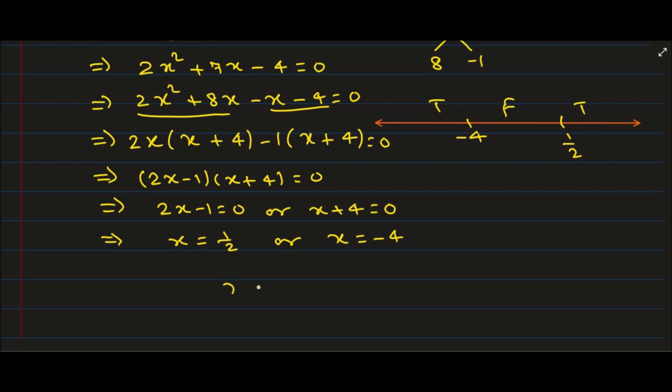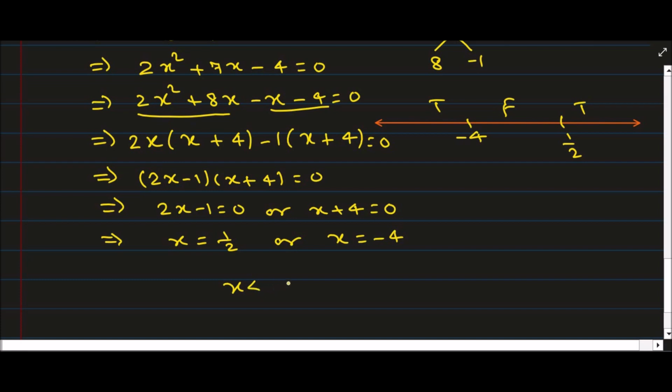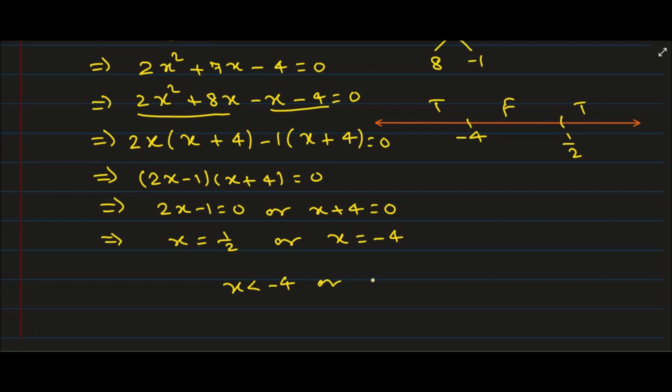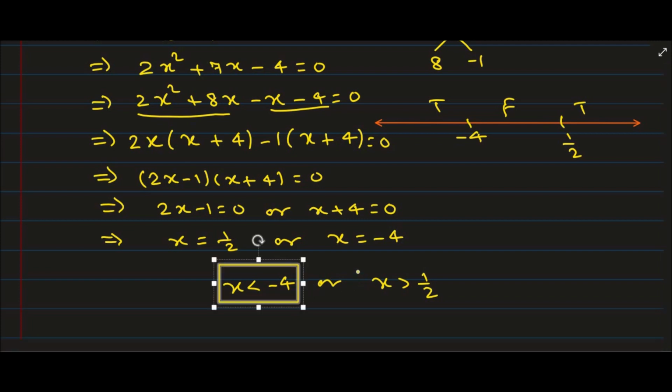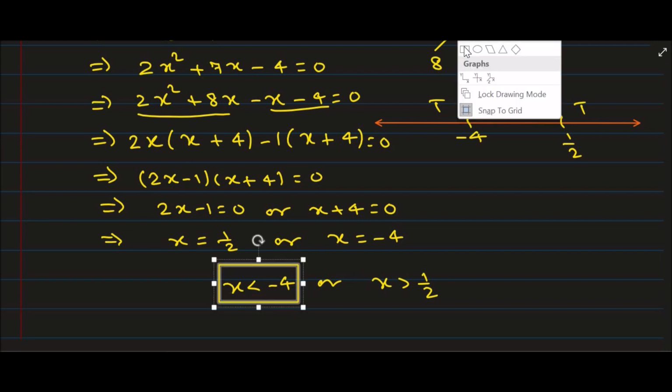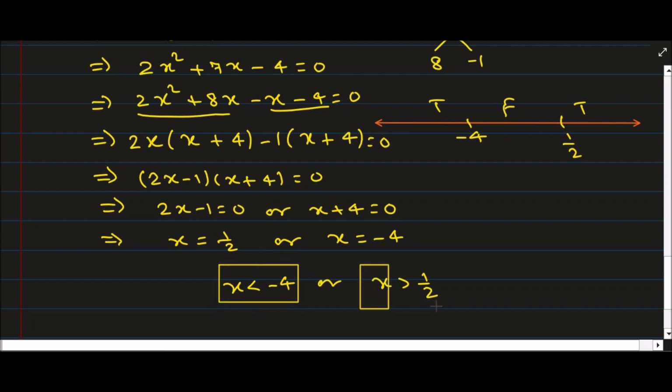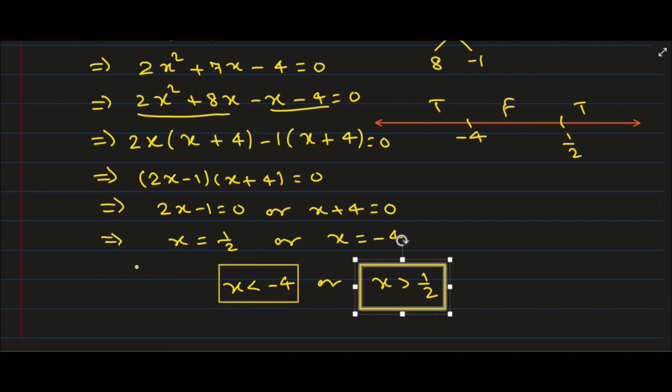That means x less than minus 4, or x greater than 1 by 2. We put the answers in the box. So these are our solutions.